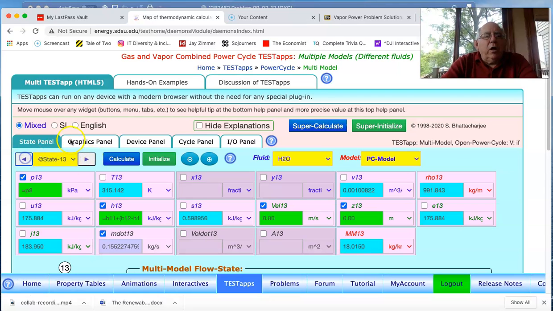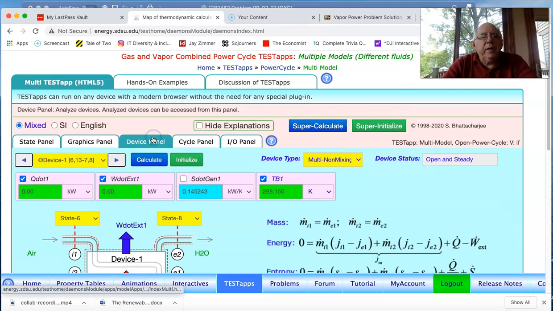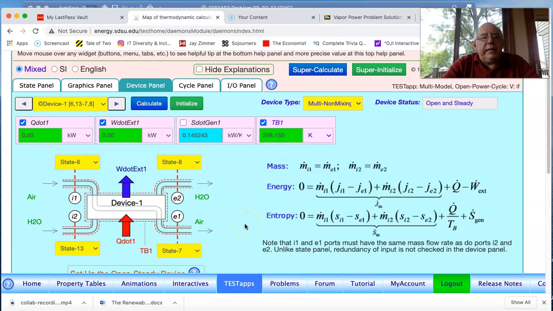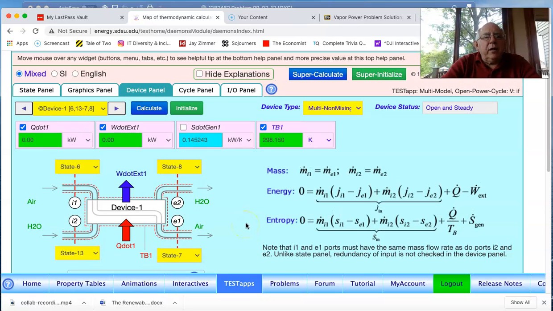So now we have all of our states. We then go to our device panel. Our device panels, we start off, the first device panel is the device panel that corresponds to that closed heat exchanger.